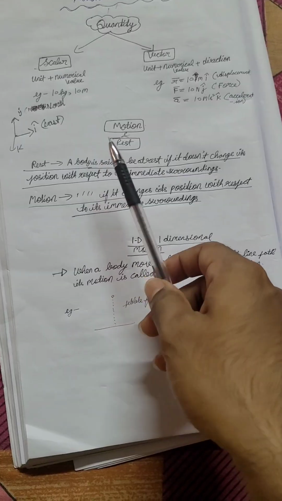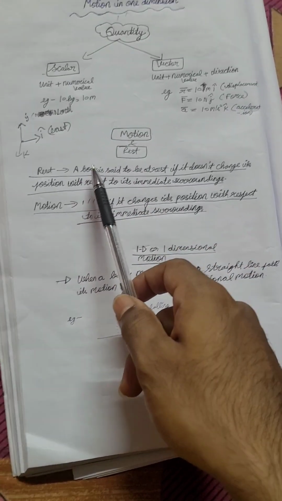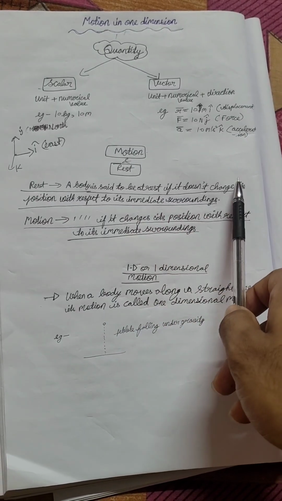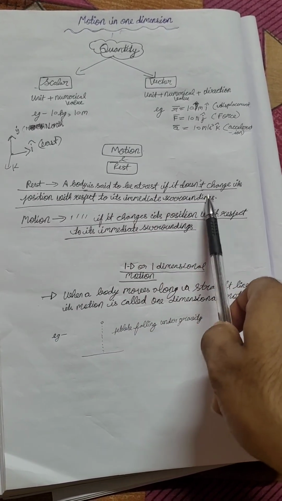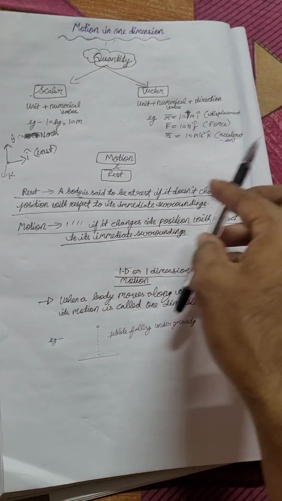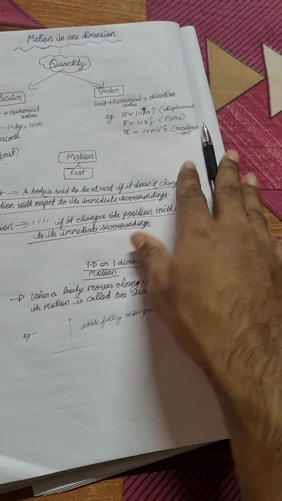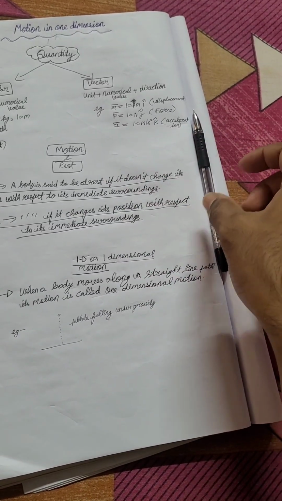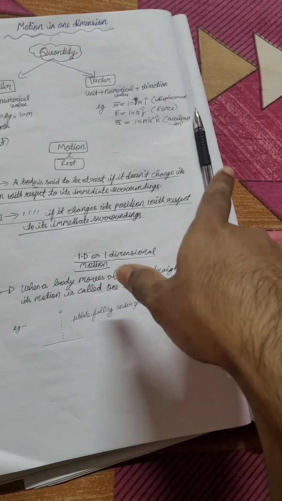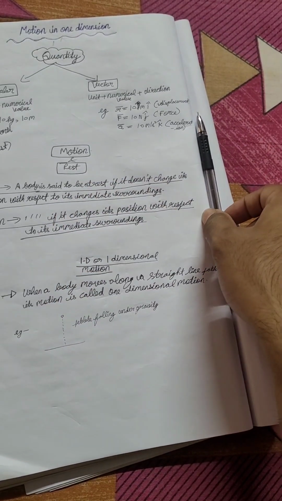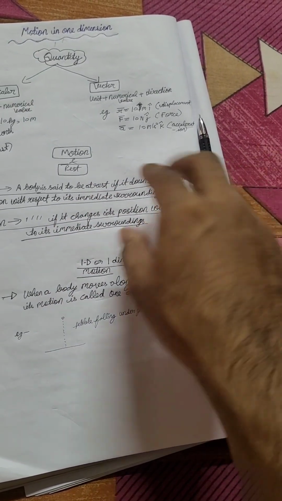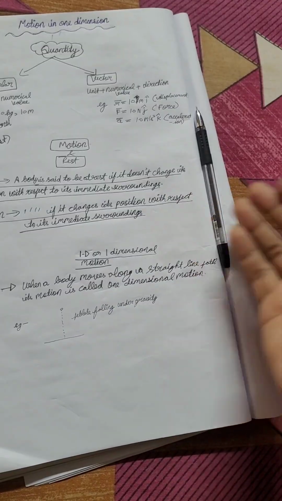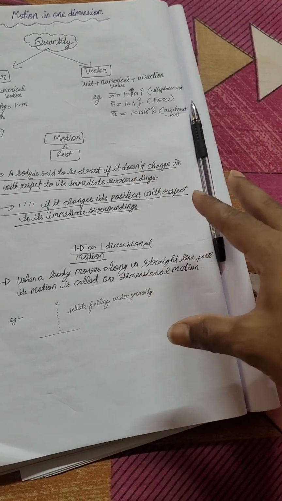So the next topic is rest and motion. A body is said to be at rest if it doesn't change its position with respect to its immediate surroundings. Let us understand this by an example. The pen is resting on this copy. According to this statement, this pen is at rest with respect to the copy, or me, because I am sitting on the same bed, and I am also at rest.